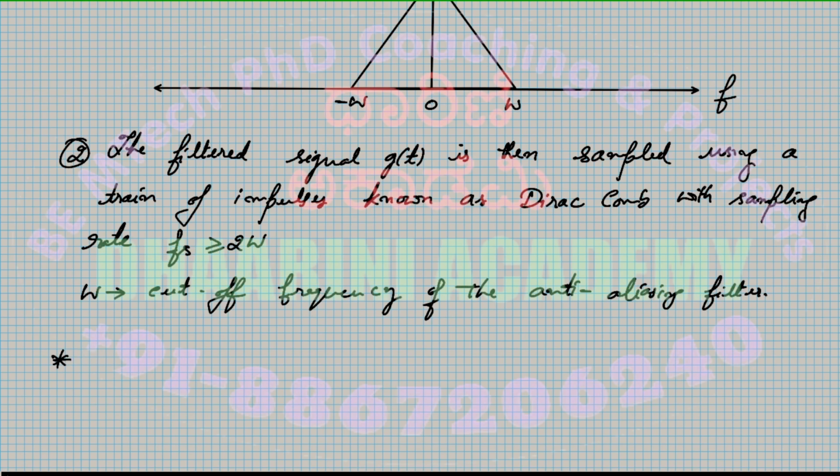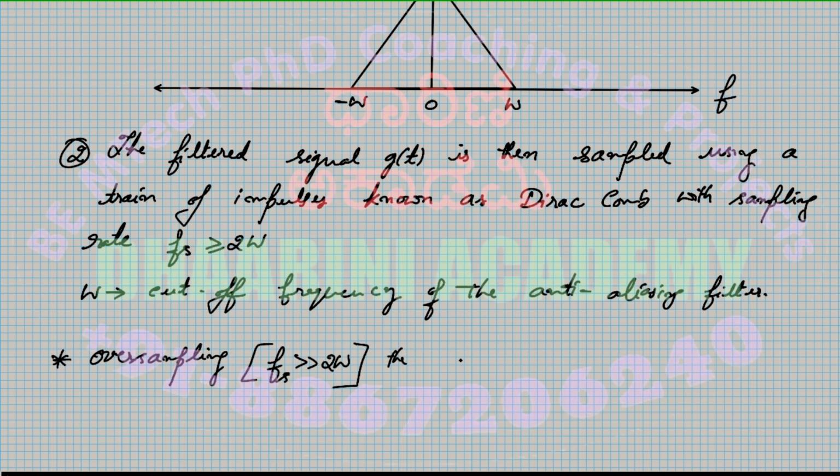Anyway, the two steps we should be following for the sampling procedure are over. Right now we are discussing the various options we have. Okay, so the first one is like this. If we try to do oversampling, what do you mean by oversampling? I write in brackets, the sampling rate Fs is much larger than 2W.